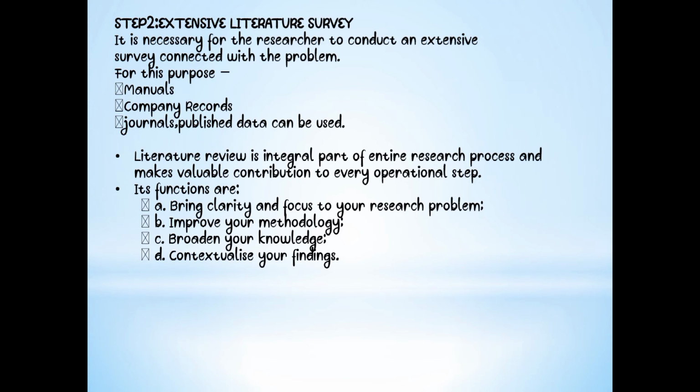For this purpose, manuals, company records, journals, and published data can be used. Literature review is an integral part of the entire research process and makes a valuable contribution to every operational step. Its functions are: bring clarity and focus to your research problem, improve your methodology, broaden your knowledge, and contextualize your findings.